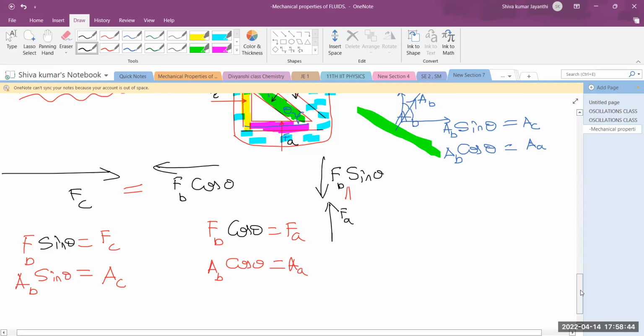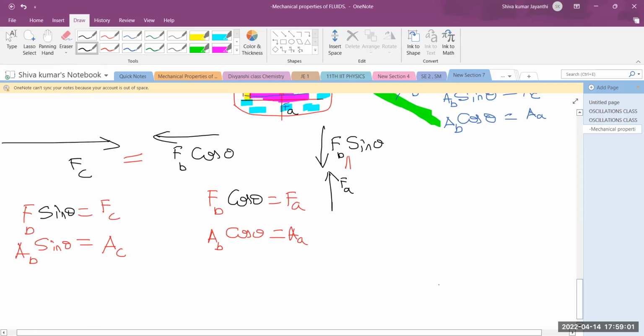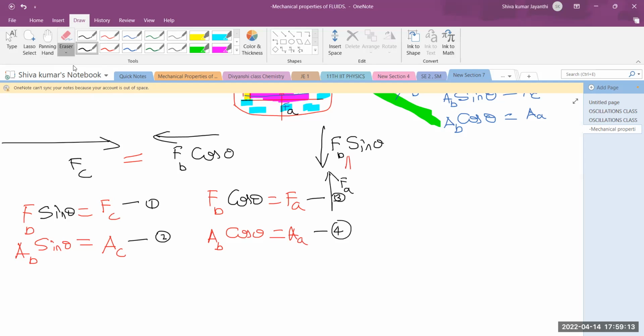Which is theta according to our consideration? This is theta. Understood that? Sin becomes cos, cos becomes sin. Now you divide equation 1 by equation 3, and the derivation is finished.